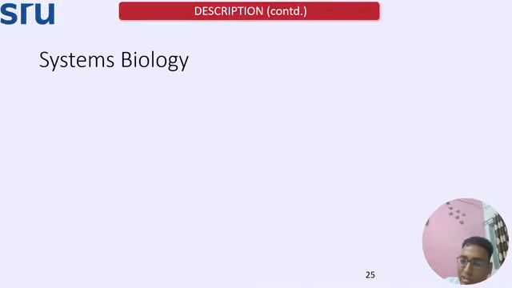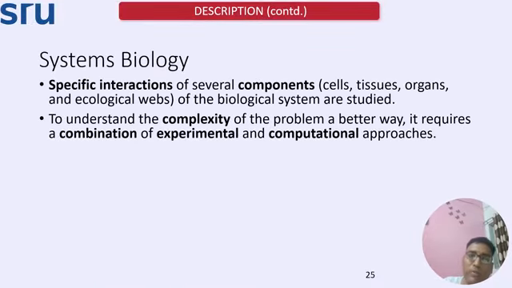So systems biology includes many components: cells, tissues, organs, ecological webs of the biological systems being studied. It completely includes all of them. To understand the complexity of a problem in a better way, it requires a combination of experimental and computational approaches.